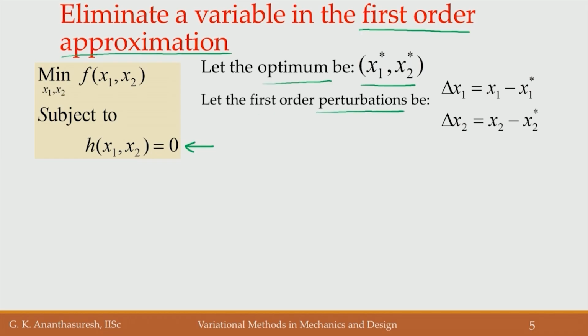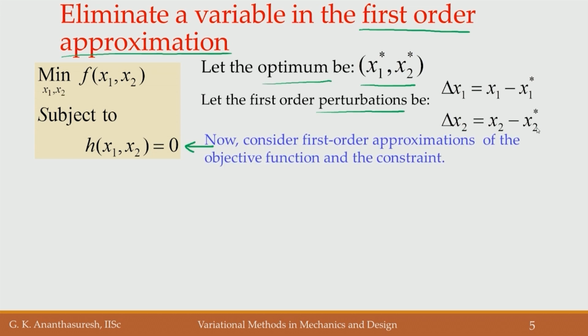That is delta x1, we say x1 minus x1 star, delta x2 is x2 minus x2 star. So, the new x1 after perturbation is delta x1 plus x1 star and x2 will be delta x2 plus x2 star. When we have that, then we can consider the Taylor series approximation of this function h.